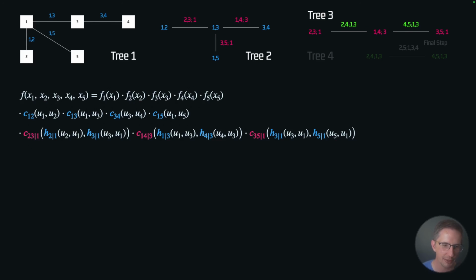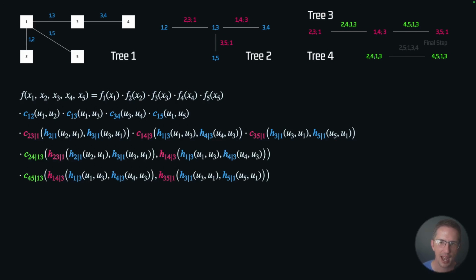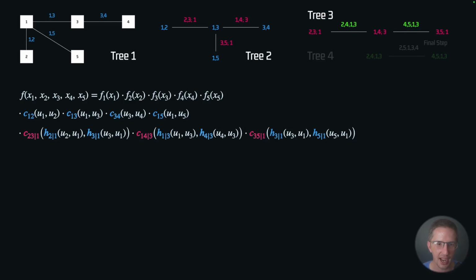The h13 again from the C13, and the h43 from the C34, and finally h31 again, and then h51 from the C15. How did I know that those are the copulas we needed? Well, just look at the red above in tree 2. So that's how we did that there. And then here, we're going to fit our 2 and 4 and our 1 and 3 over here. So that's giving us our tree 2.